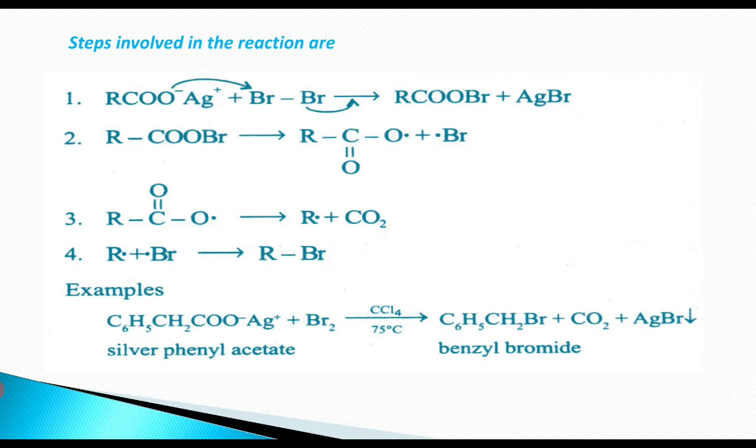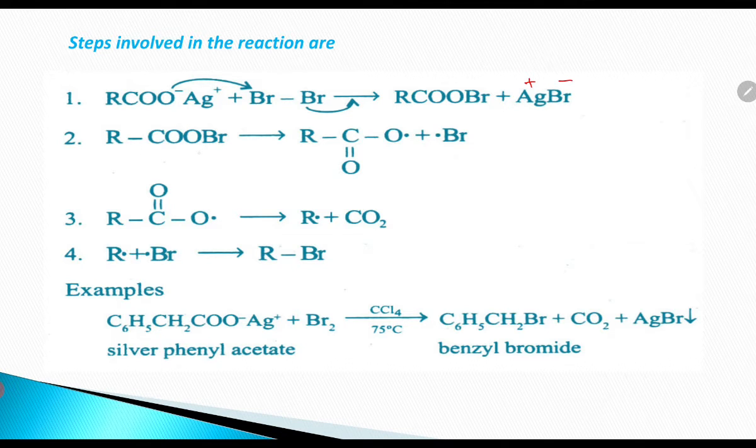The first step is RCOO minus Ag plus. In the first step, the acyl hypobromite is formed. Ag plus is replaced by Br plus, so RCOOBr plus AgBr is obtained.